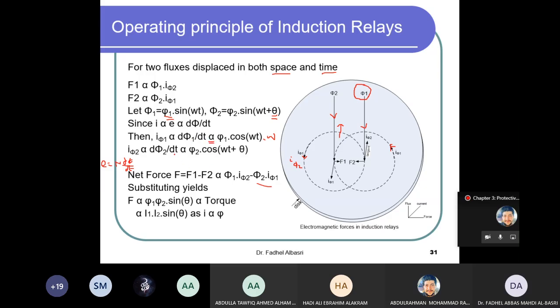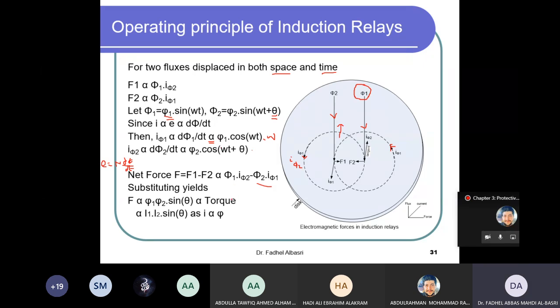Okay. And similarly, the current I2 produced by phi2 is proportional to d phi2 by dt. When you take the derivative, it will be proportional to phi2 maximum cosine omega t plus theta, times also omega, okay.